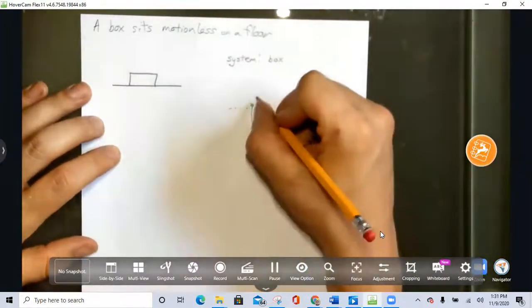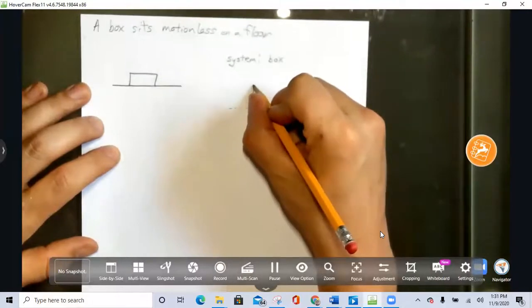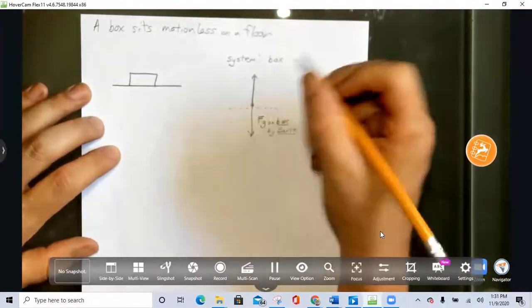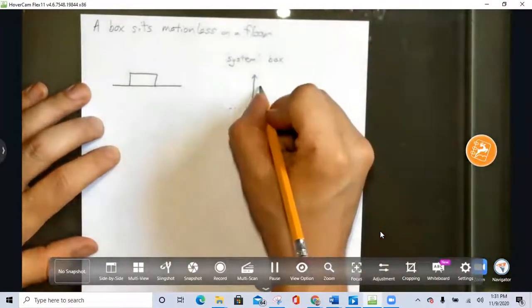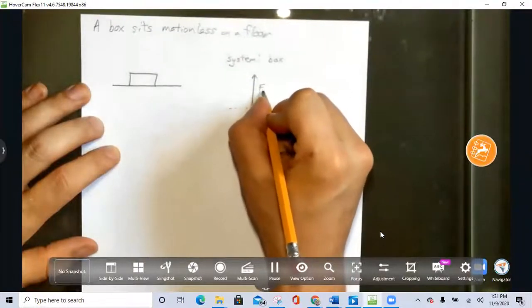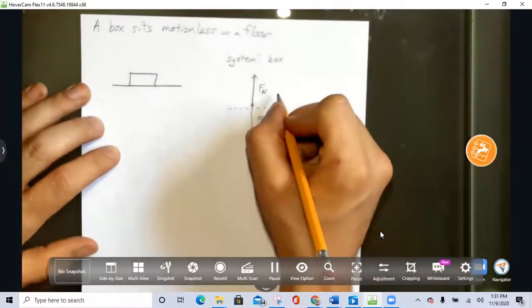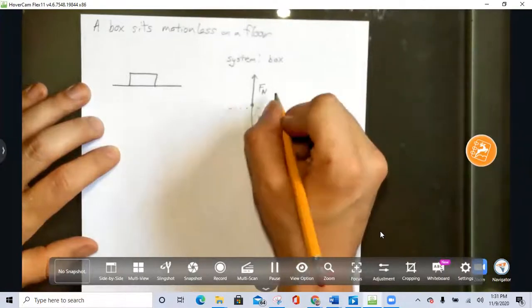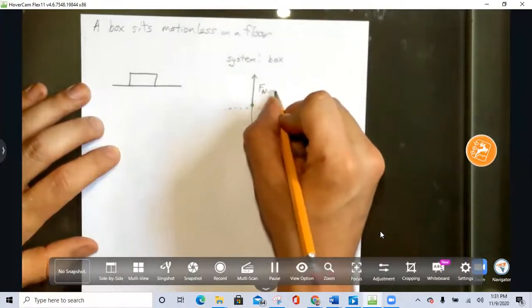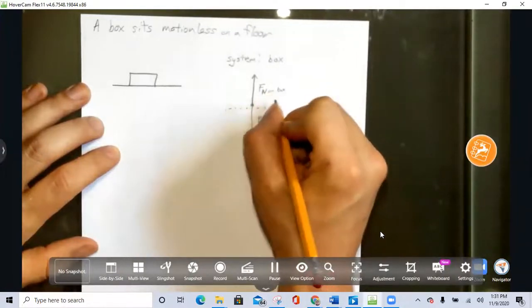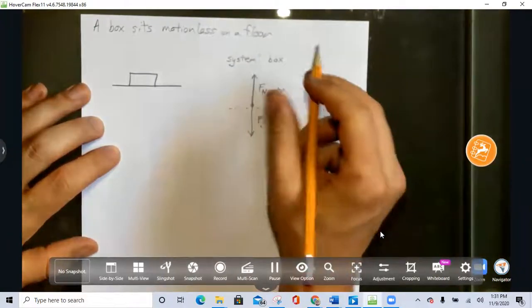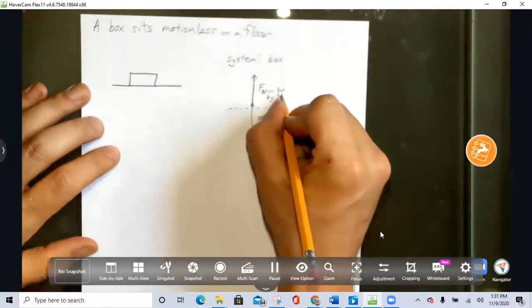And that is the normal force. That is on the box by the floor.